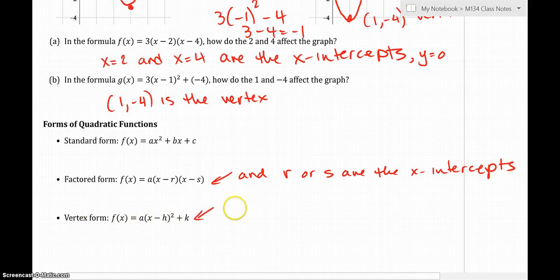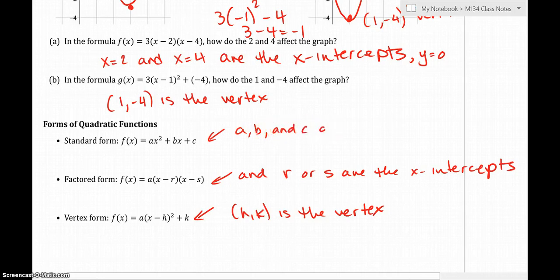And then this is called vertex form because (h, k), the opposite sign here but not here, is the vertex. The a, b, and c do not tell us anything. They are just the coefficients. A, b, and c are the coefficients, but they don't tell us anything about the graph.